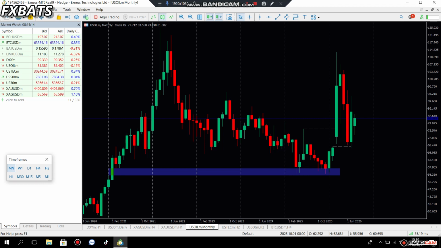Since our most recent direction bias is bullish and our order flow is bullish, we're going to be buying US oil to the upside. As you could see, we've been on a massive pullback, a deep pullback on the monthly range, and we're literally within discounted pricing. So we expect price to be moving towards the previous monthly high.